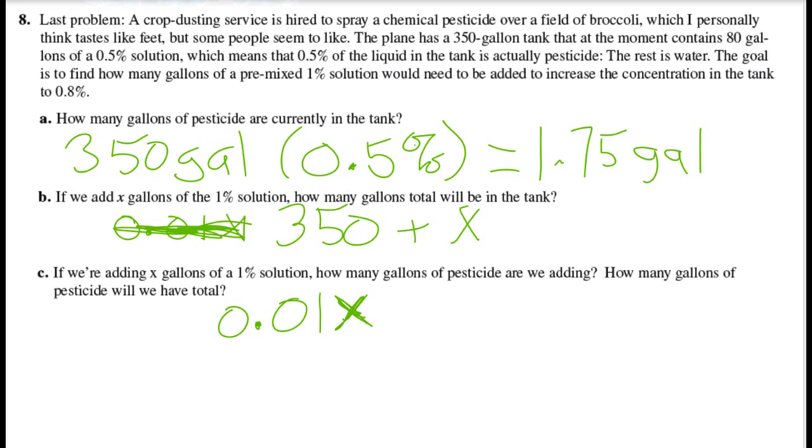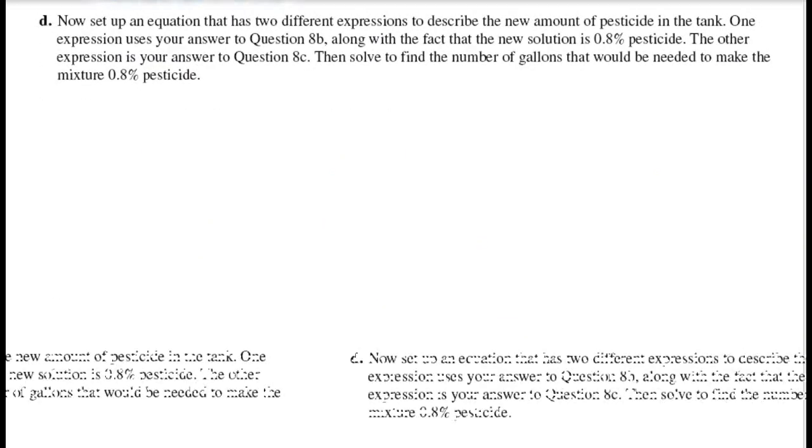That's how much. Then they want to know how many gallons of pesticide will we have total. We're actually going to add the 1.75 gallons that we got before. So question D. Go ahead and do question D, and then come back to check your answer.